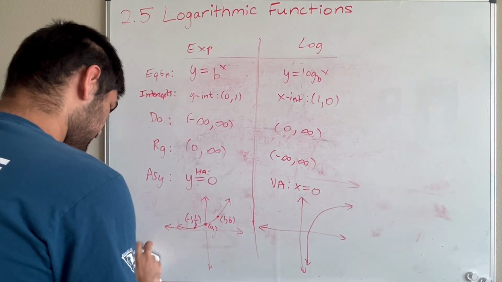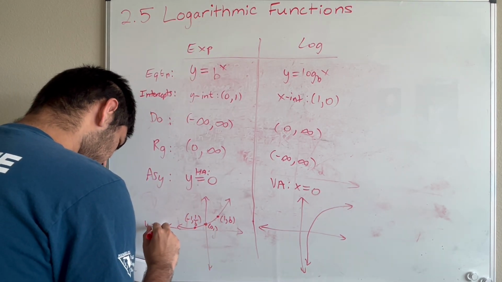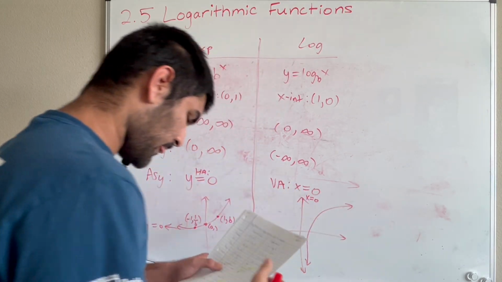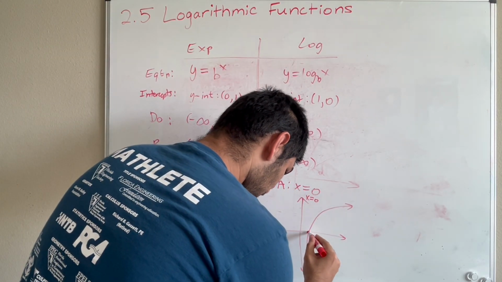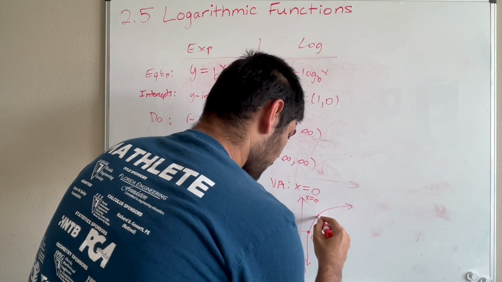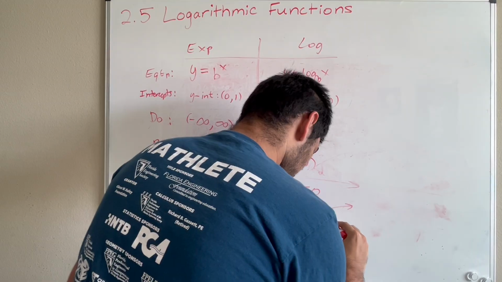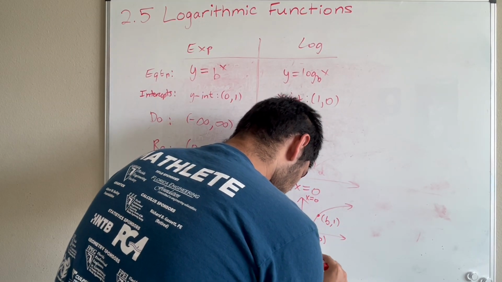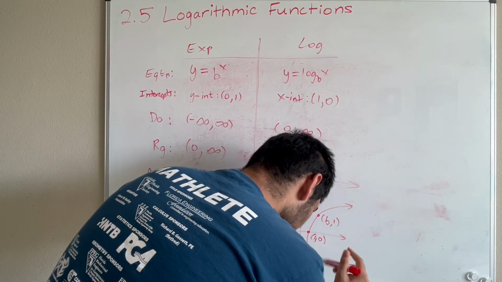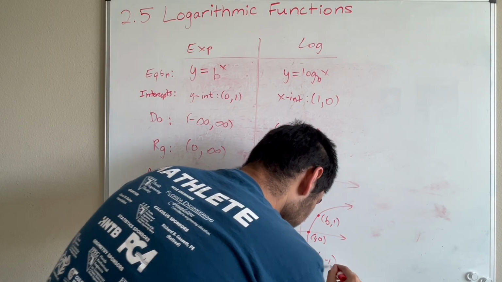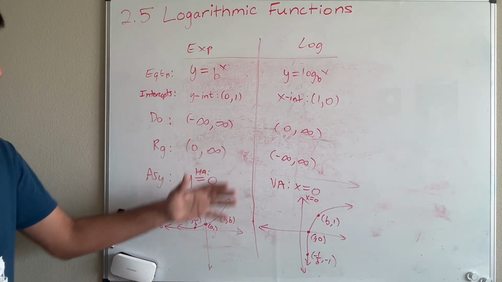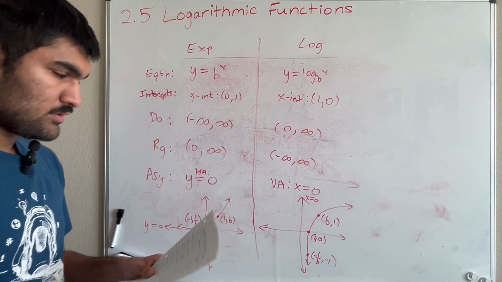Let me actually draw on the asymptotes. You have y equals 0 right here, and x equals 0 right here. Again, right here is your x-intercept, (1, 0). Then somewhere over here you have the point (b, 1). And then somewhere down here you have the point (1 over b, negative 1). Take a second to get all that soaked in.